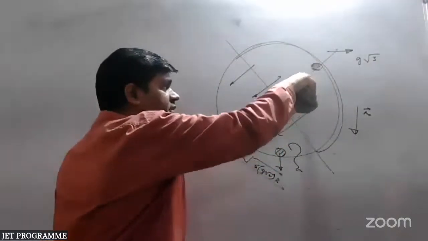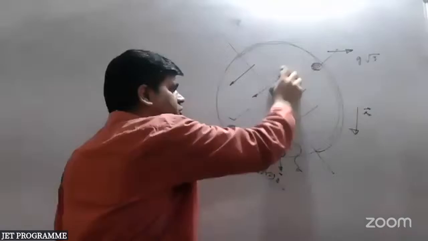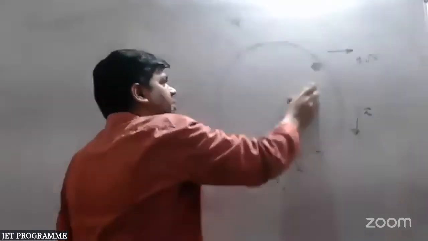Now, if it was g, it was at 45 degrees. Now it's g root 3. So the angle would be something else. And what would that angle be?